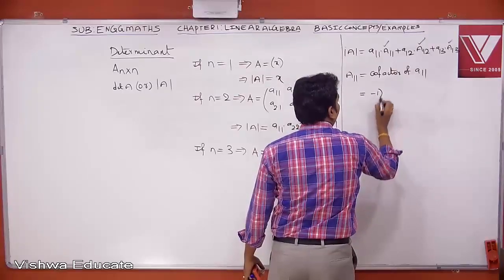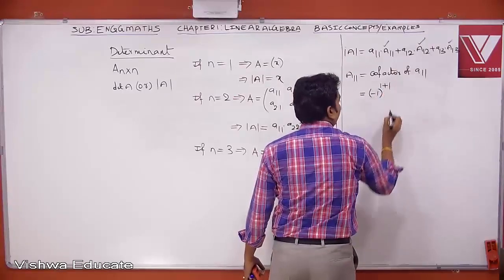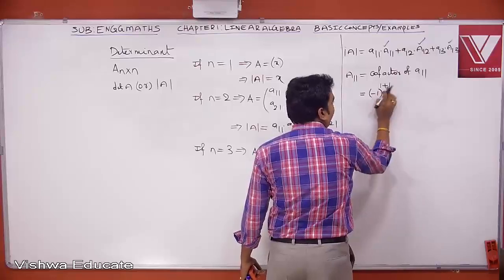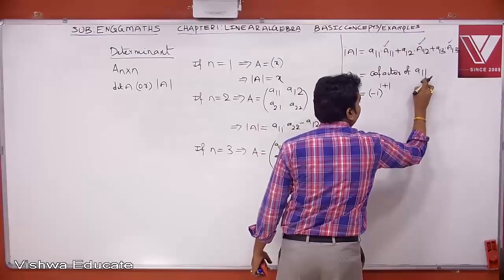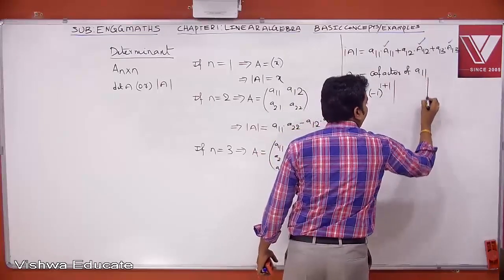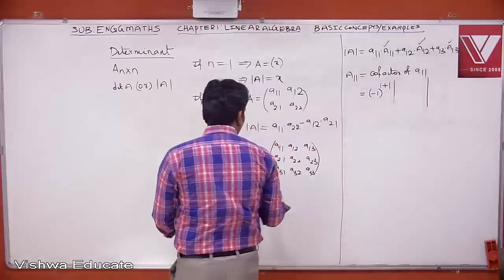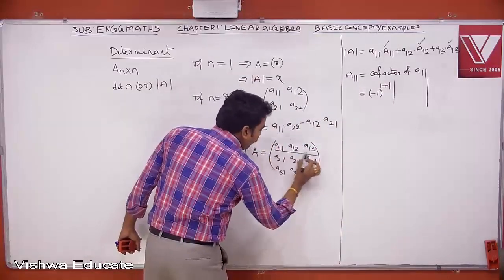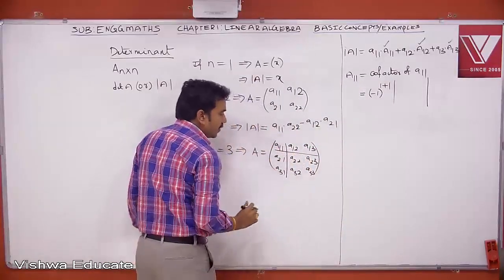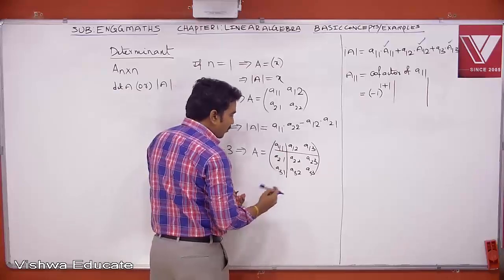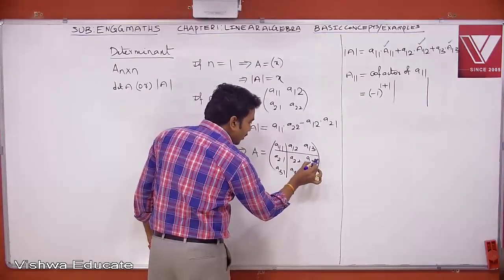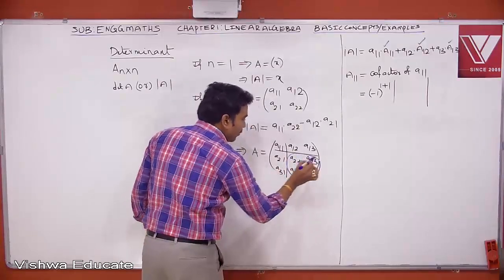This is nothing but minus 1 whole power 1 plus 1, into the determinant of a submatrix. Minus 1 is the common symbol; 1 plus 1, add these two indexes. Now this a11 is present in the first row and first column. Eliminate them, and we get the remaining 2 by 2 submatrix: A22, A23, A32, A33.